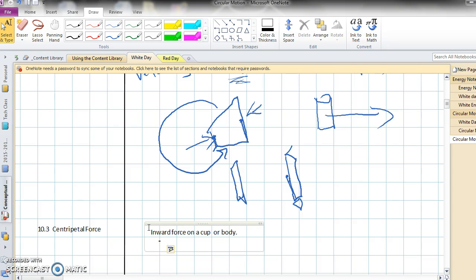So if you're spinning water in a cup on a string, this is tension force. If you are on a racetrack, this is frictional force. It's always an inward force on a cup or a body in motion.